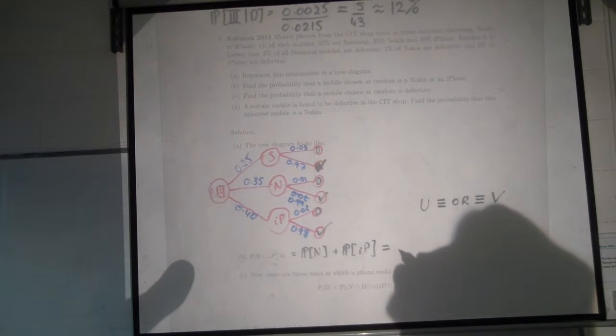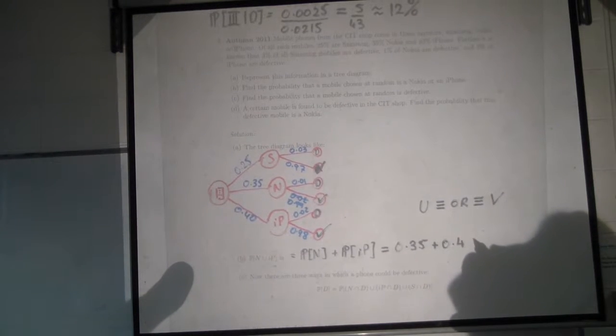What is the probability that a random phone is Nokia? 0.35. And what's the probability that a random phone is an iPhone? 0.4. So you get 0.75. So that one is handy. So the or, if they can't happen at the same time, means plus. The and, if they're independent, means multiply.